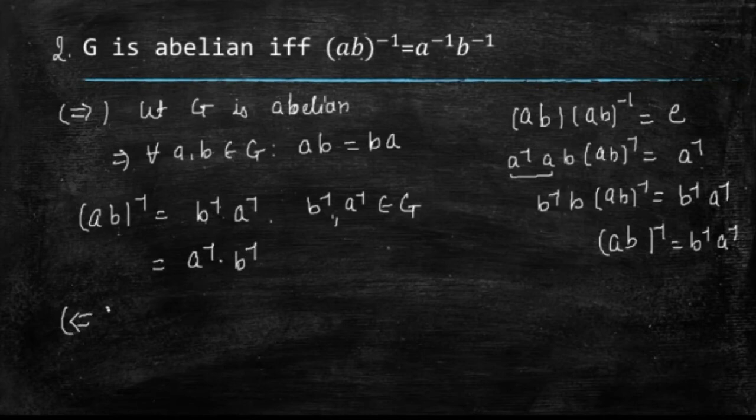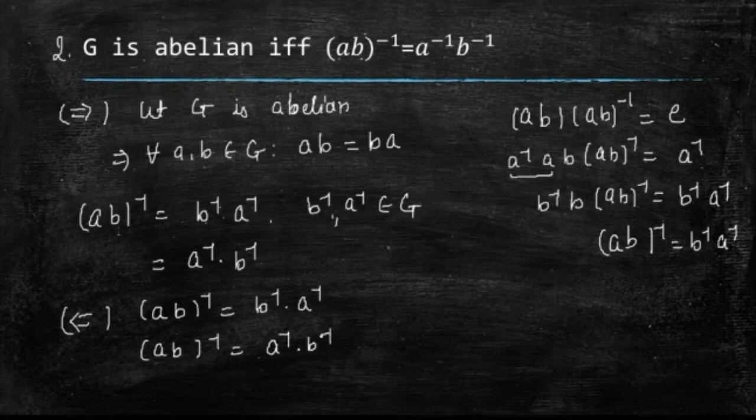Now if I have to prove the other way around, I know that (ab) inverse in general is b inverse a inverse, but the given hypothesis is (ab) inverse is a inverse b inverse. This is by my general rule, this is by hypothesis. So these have to be equal because the left hand side is equal.